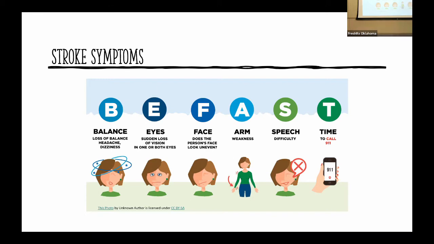So the stroke symptoms are important to know and identify early enough, because the earlier this person can receive treatment, the higher the chances that it's not going to have bad consequences from a stroke.